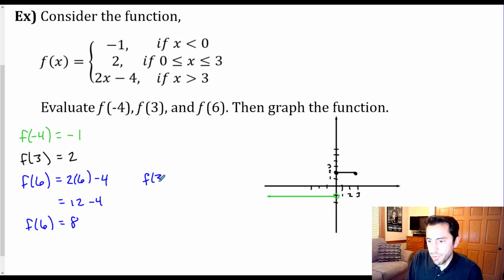So f of 3, 2 times 3 minus 4. This is going to be 6 minus 4, so we're starting at 2. So at (3, 2), this is where this piece of our graph is starting. And this piece doesn't include it. We do have a little overlap there, but that's just fine.